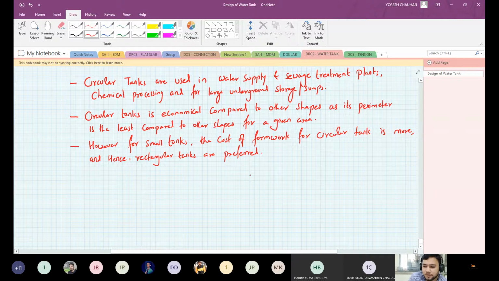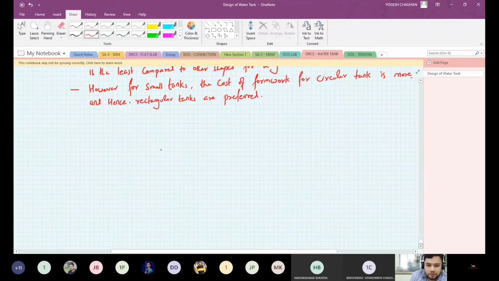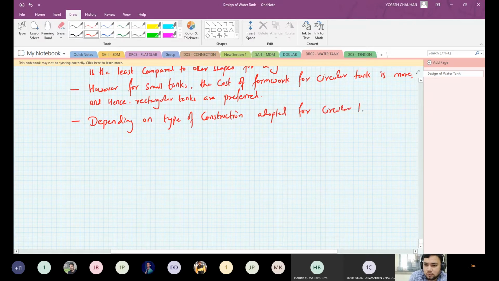Depending upon the type of construction adopted for circular tank, the circular tanks can be of two types.